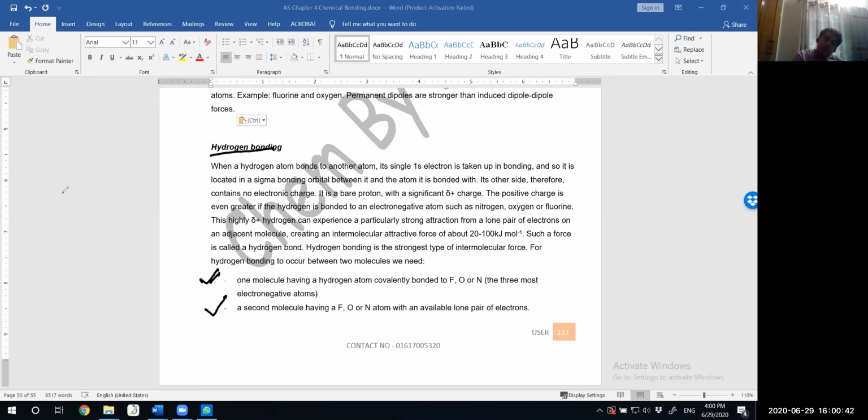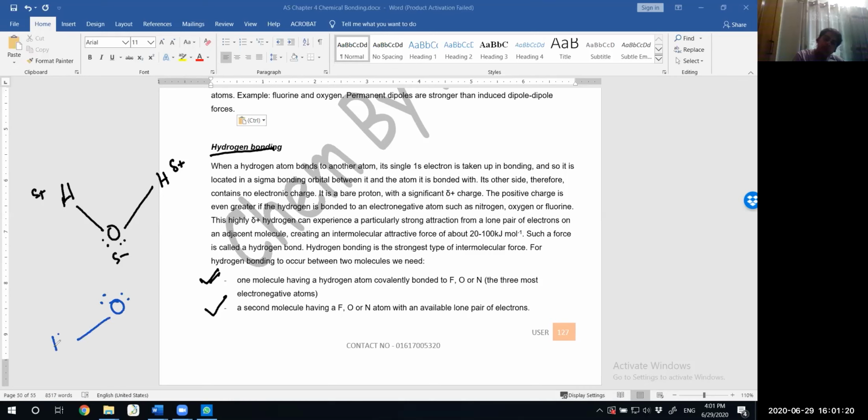So let's take two molecules of water, HOH. In water, hydrogen has what type of charge? Positive. Why? Because oxygen is the more electronegative atom, so it has more negative charge. So this is partially negative, this is partially positive. Let's take another molecule of water.